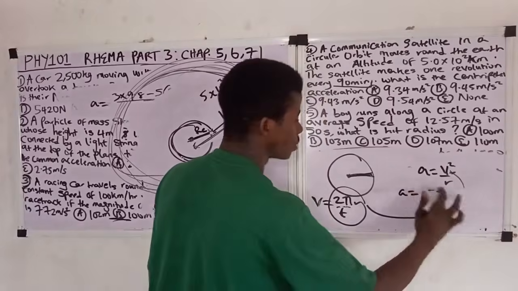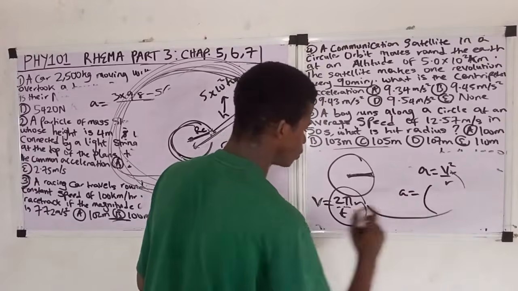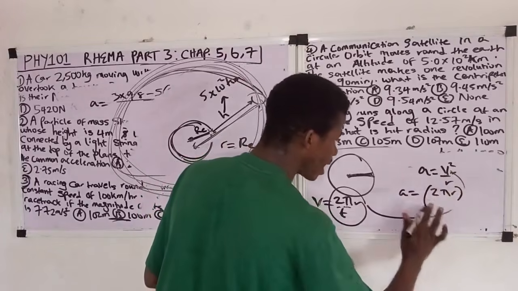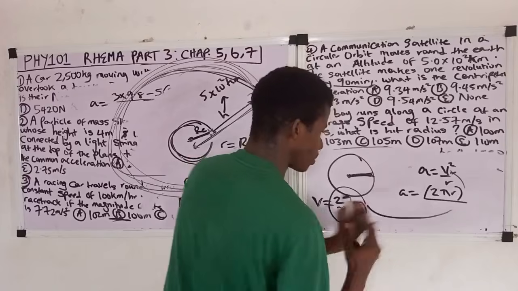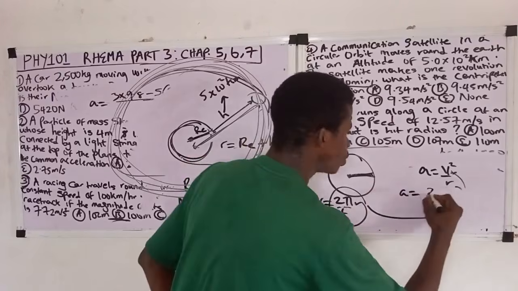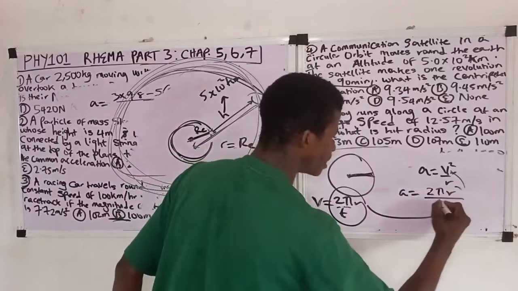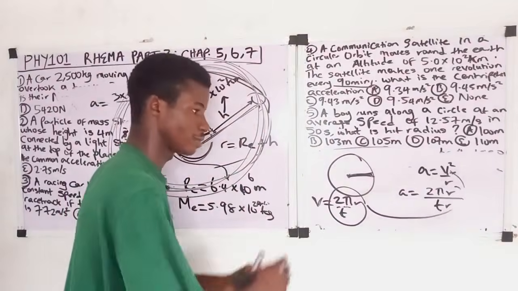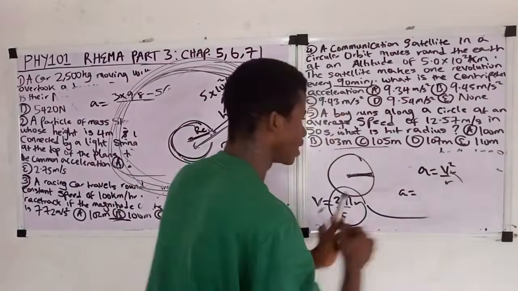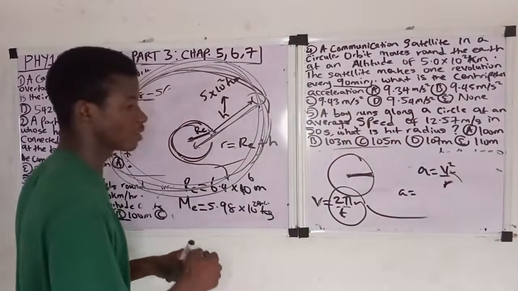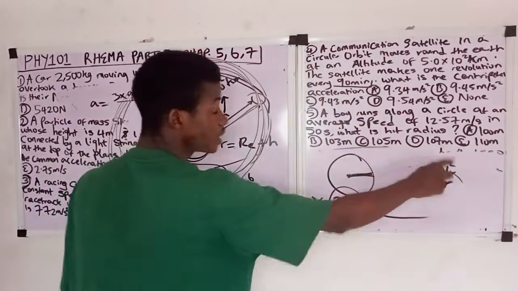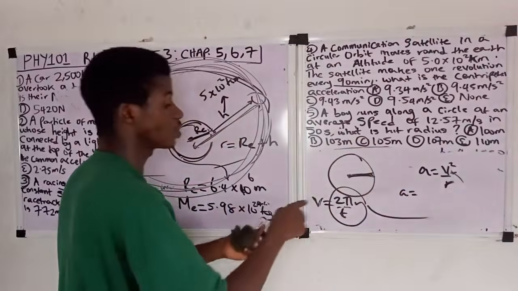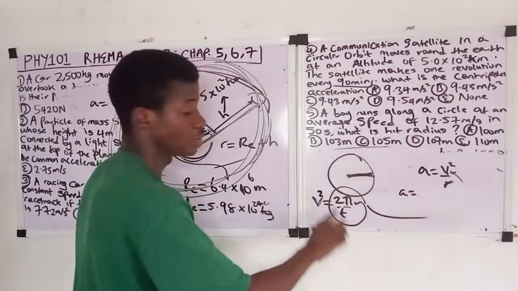Acceleration will be equal to 2 pi r divided by t, and then don't forget about this r. Since velocity is squared, everything here will be squared.